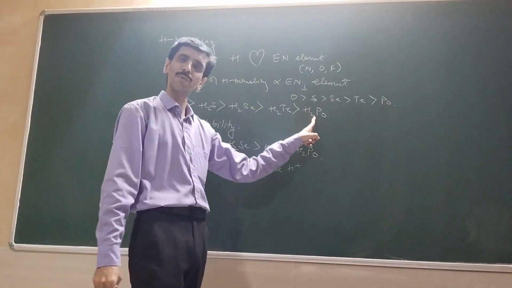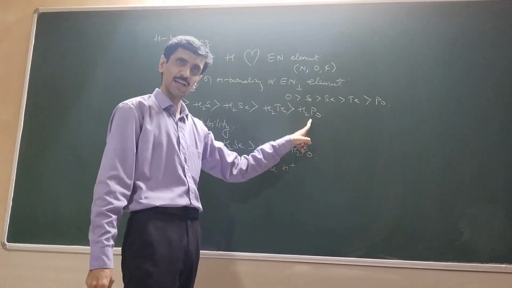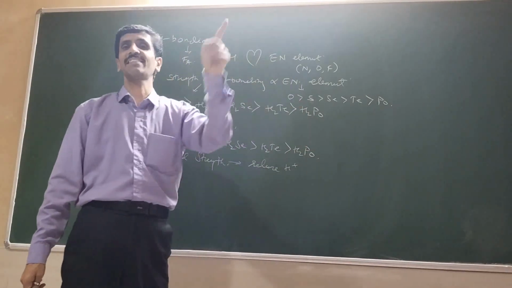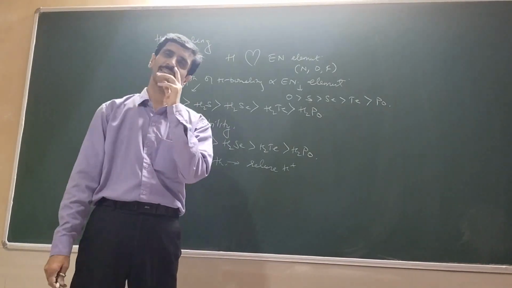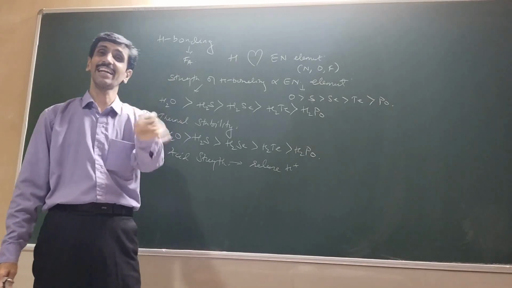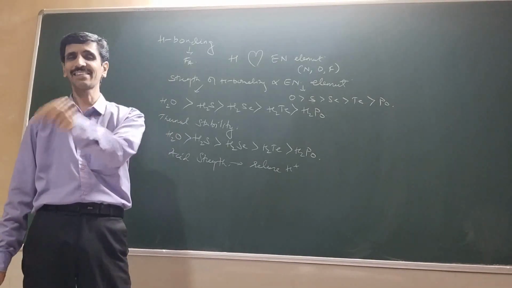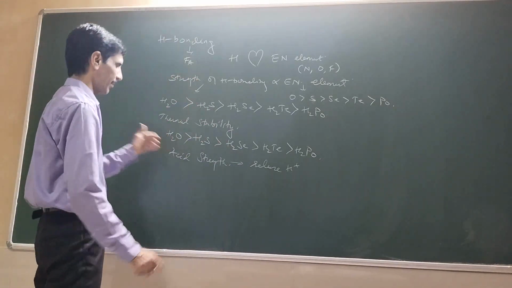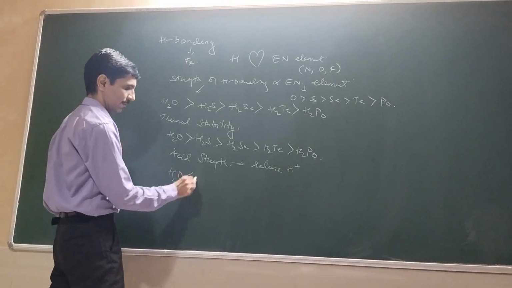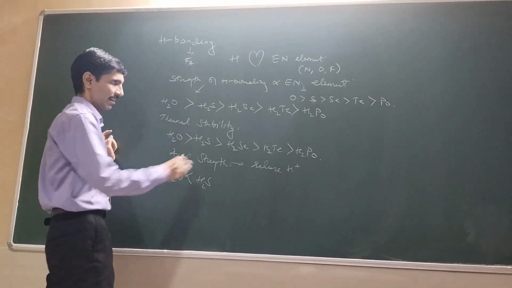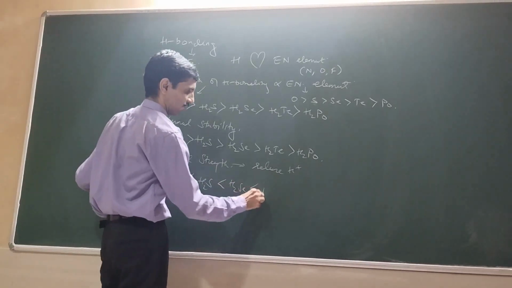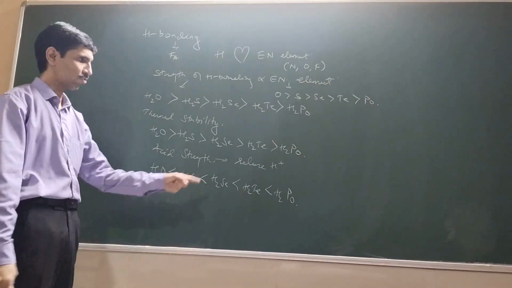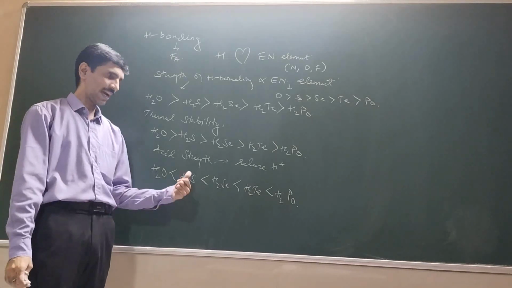And that is my difference in H2Po. So here the bonding is weaker. Now because the bonding is weaker, it will break faster. It will release H plus very fast, and therefore its acid strength is high. So remember my difference. Bond strength and the acid strength are inversely proportional. If the bond is stronger, the acid is weaker. And if the bond is weaker, the acid is stronger. Okay? So the order becomes reversed. So we have H2O, the least acidic, H2S, H2Se, H2Te, and then finally we go into H2Po. Okay? So this is the order that we get with respect to acid strength.